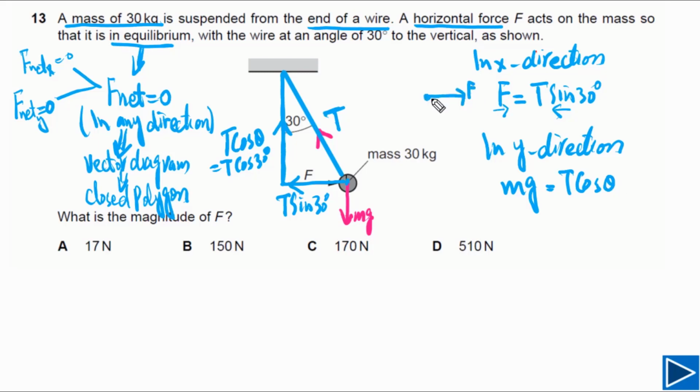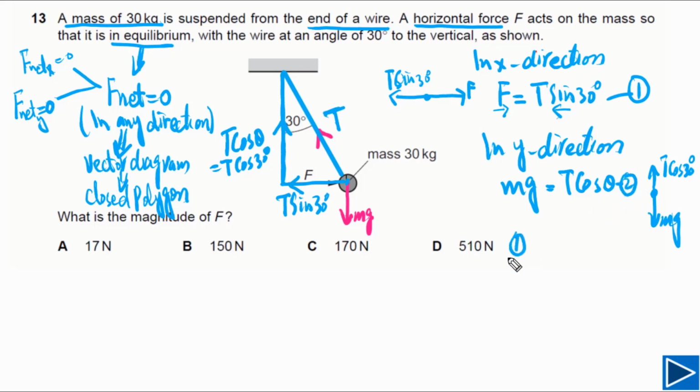This is F, and we have a component of tension acting this way, which is T sine of 30 degrees. For this one we have mg acting down and the component of tension acting vertically up, and these two forces are equal. This is T cosine of 30 degrees. Let's say this is equation 1, and this is equation 2.